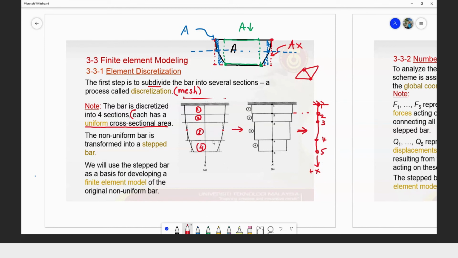Alright. So this is in terms of how we can represent our physical geometry into the finite element punya models. This is adalah physical geometry. And then this is a bar element.